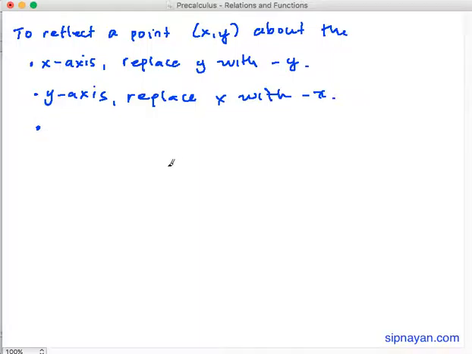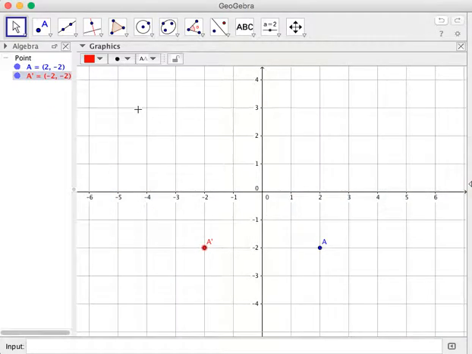Next, paano naman pag origin? Kung gusto kong i-reflect ang point na to about the origin, dapat magkatapat sila. Ibig sabihin, kung magdadraw ako ng line segment, dapat mag-pass through siya sa origin. Pwede natin yan i-test kung reflected na siya by drawing a line.